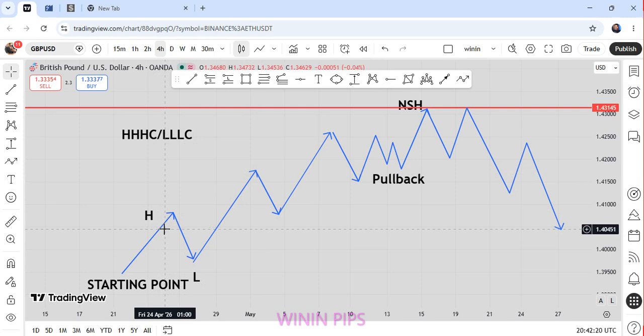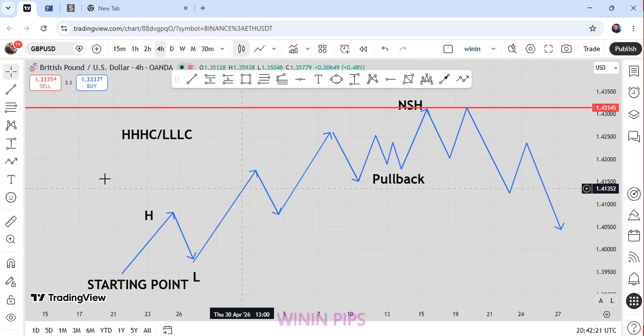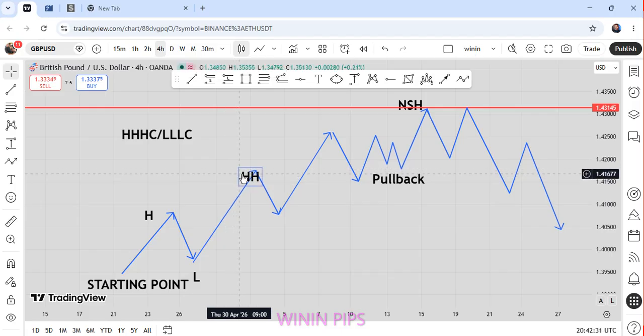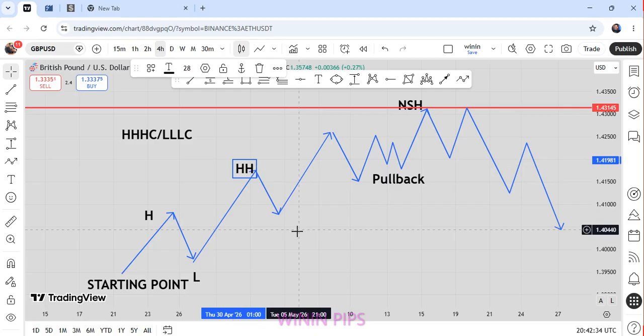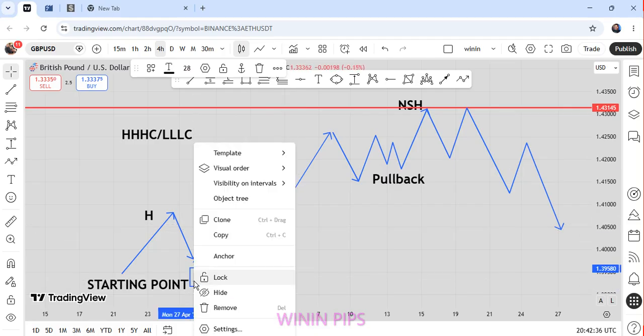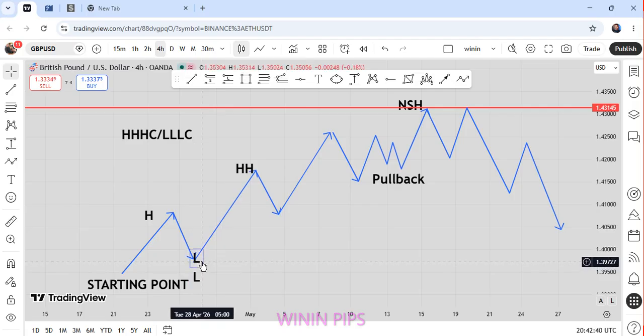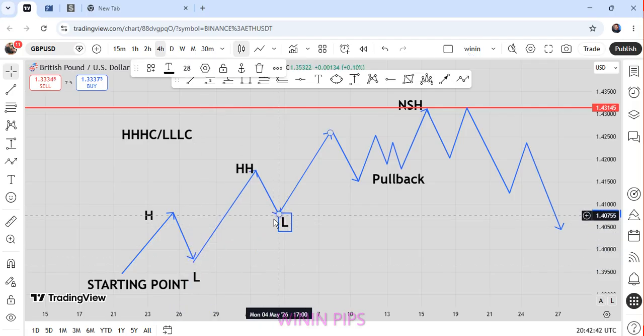So in an uptrend, we mostly get higher highs. So this one will not be just high, we will get a higher high here. And when you come down here, instead of getting a lower low, this is low, but this low here is higher than this low.